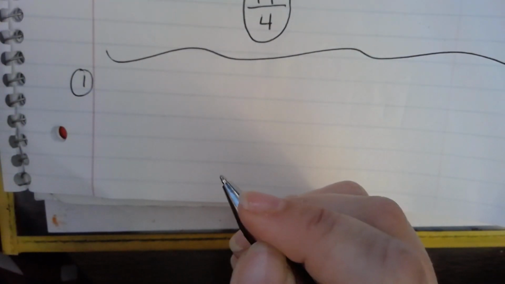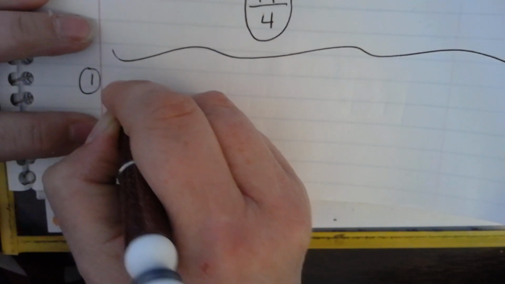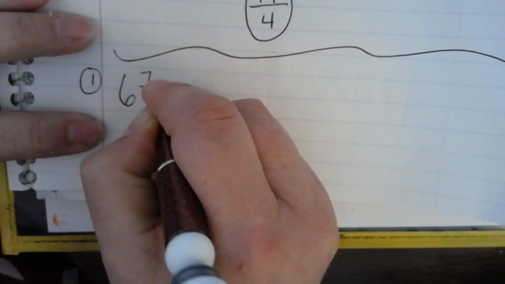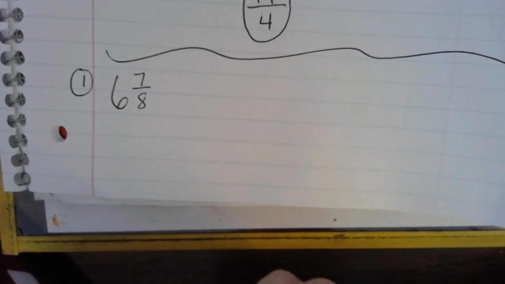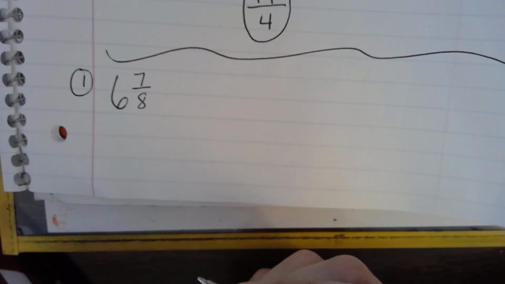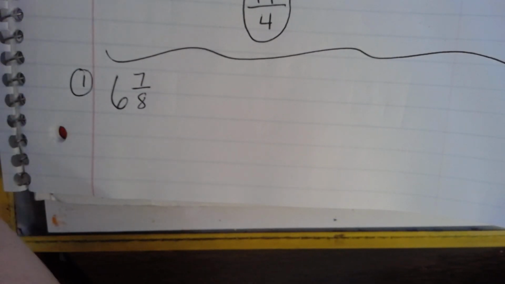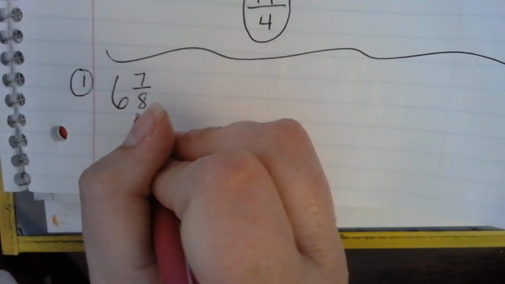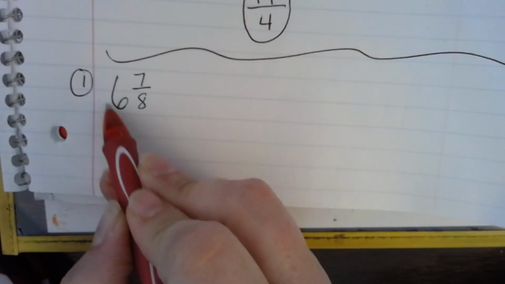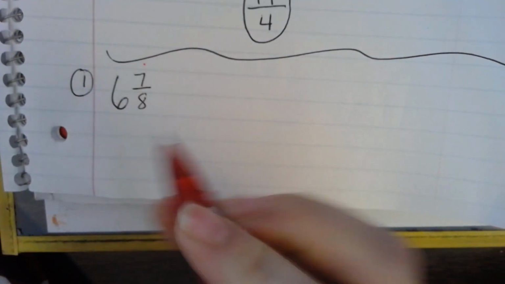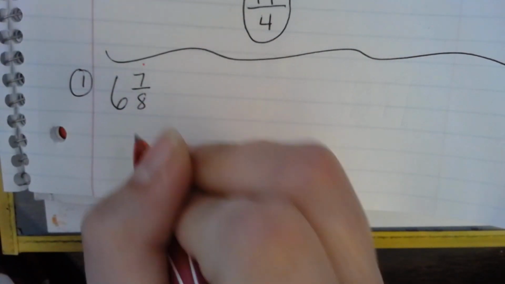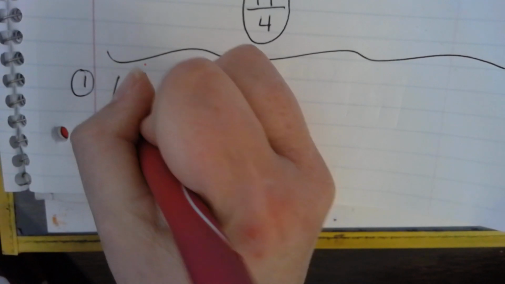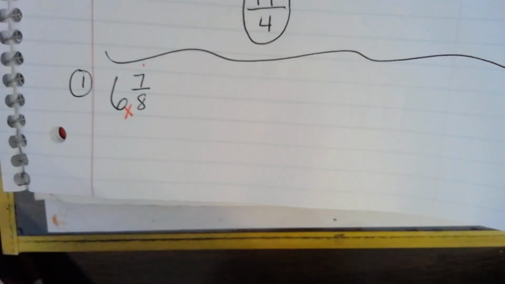All right. Let's do 6 and 7/8. Let's start with that. 6 and 7/8. Now, again, what I'm going to do is start from the bottom and move around to the top, starting with the 8 and the 6. I'm going to take that denominator and whole number and multiply those.